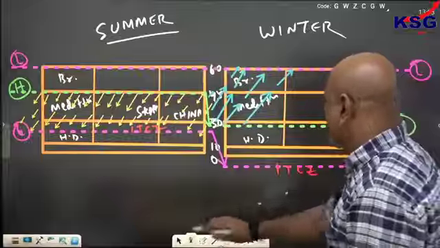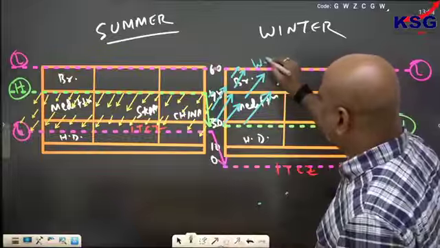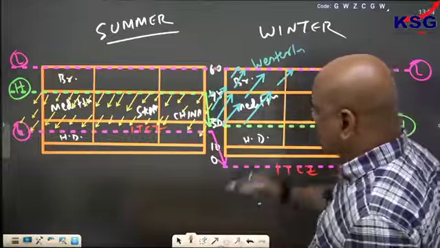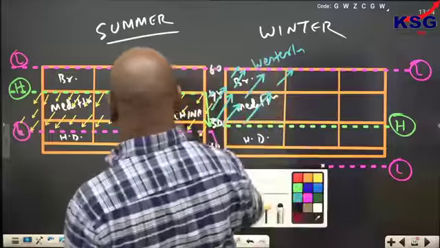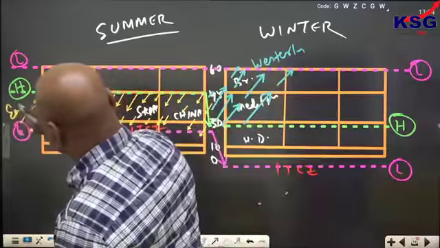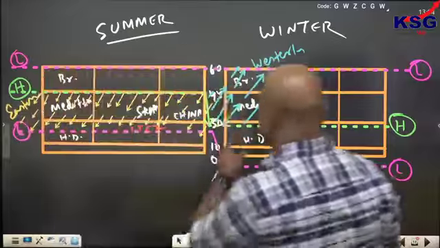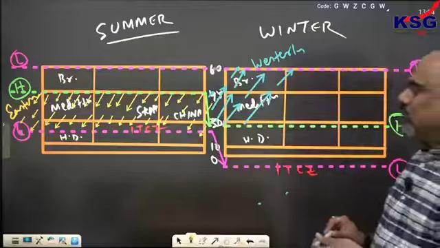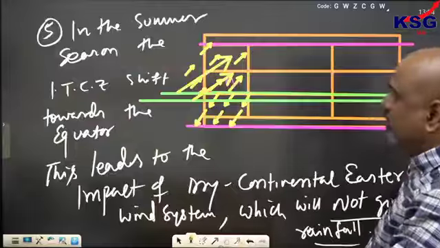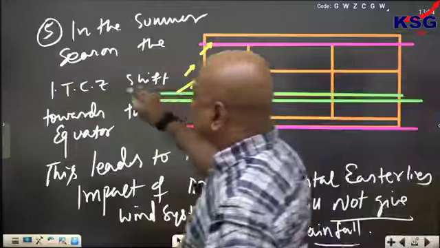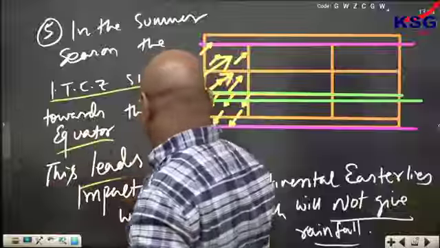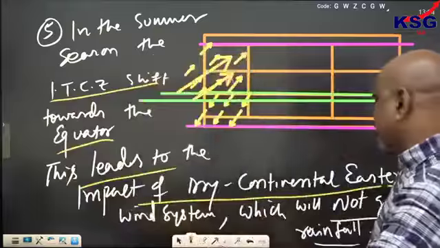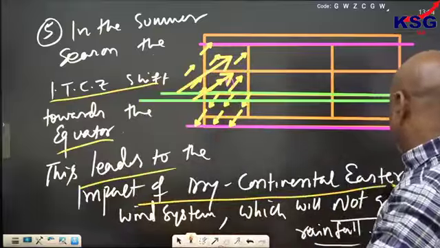This is which wind? This one is westerlies, this here is easterlies. So westerlies wind will give rainfall in the winter. That's what I said. In the summer season, the pressure belt shifts towards the equator. This leads to the impact of dry continental easterlies wind, which will not give any rainfall.